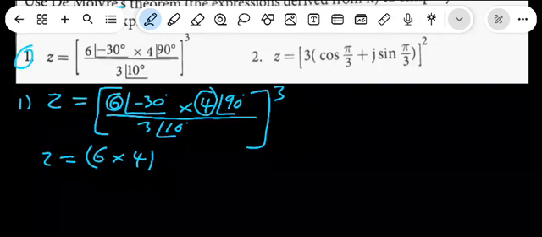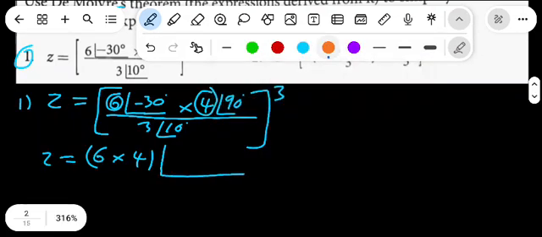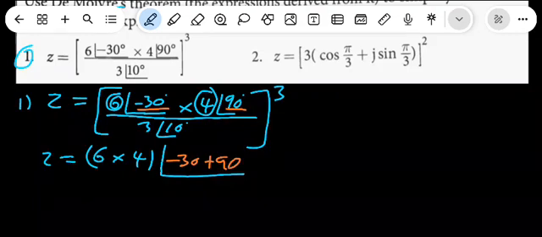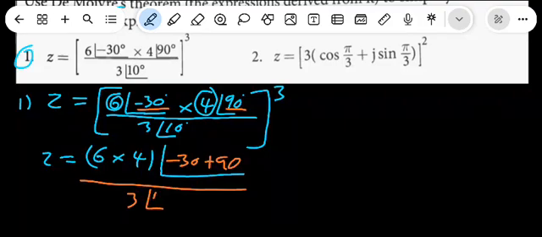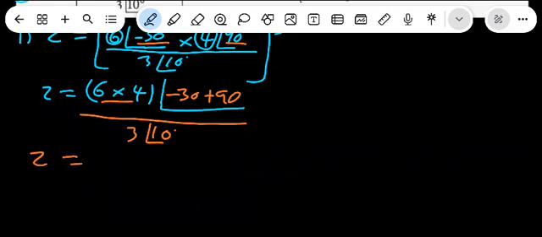Now we have to add the angles: negative 30 plus 90 is 60 degrees.